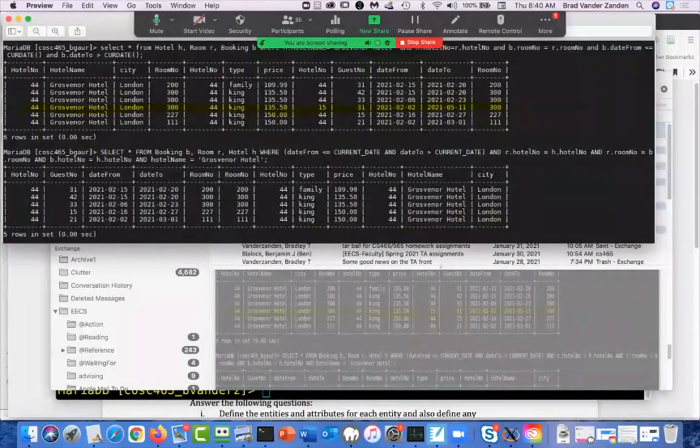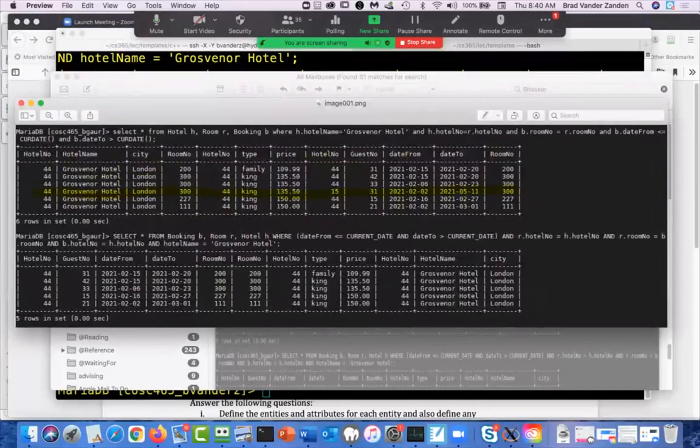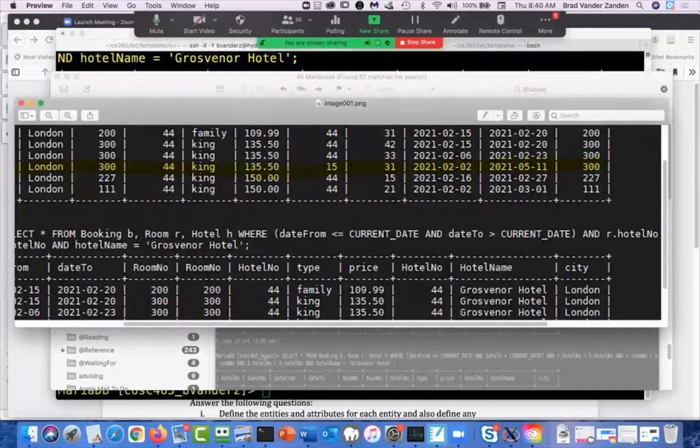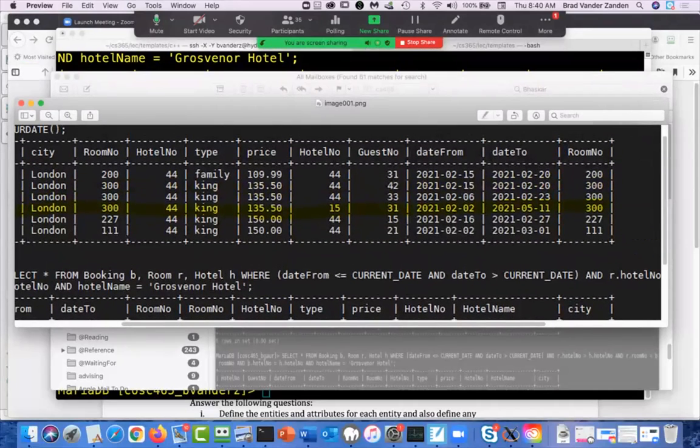So here's the result of the second join that I showed you that's missing a join on the hotel number. What happens, I'm not sure I can really make this a whole lot bigger. I'll try. There's a little bit bigger. So you'll see that when you print it out, there's this extra booking in here for $135.50 in room 300.